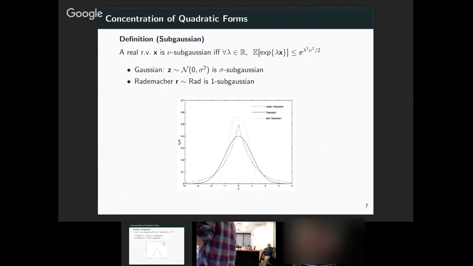Some examples: of course, a Gaussian is sub-Gaussian with the sub-Gaussian parameter being the standard deviation, but also the Rademachers are 1 sub-Gaussian. The picture looks a little bit like this. If you look at the black curve here, the distribution of a Gaussian random variable, a sub-Gaussian is better concentrated around the origin, and something which is not sub-Gaussian will typically have this kind of kink here at the origin.